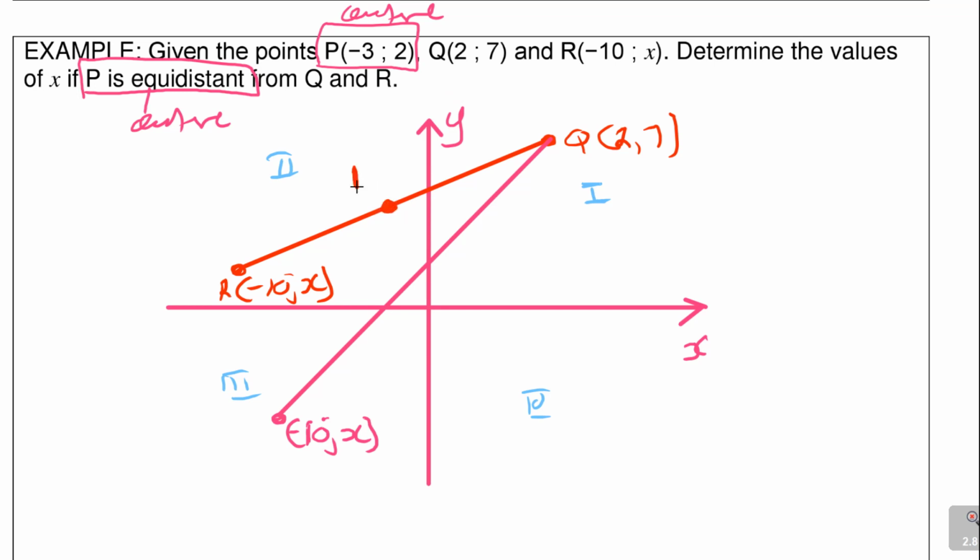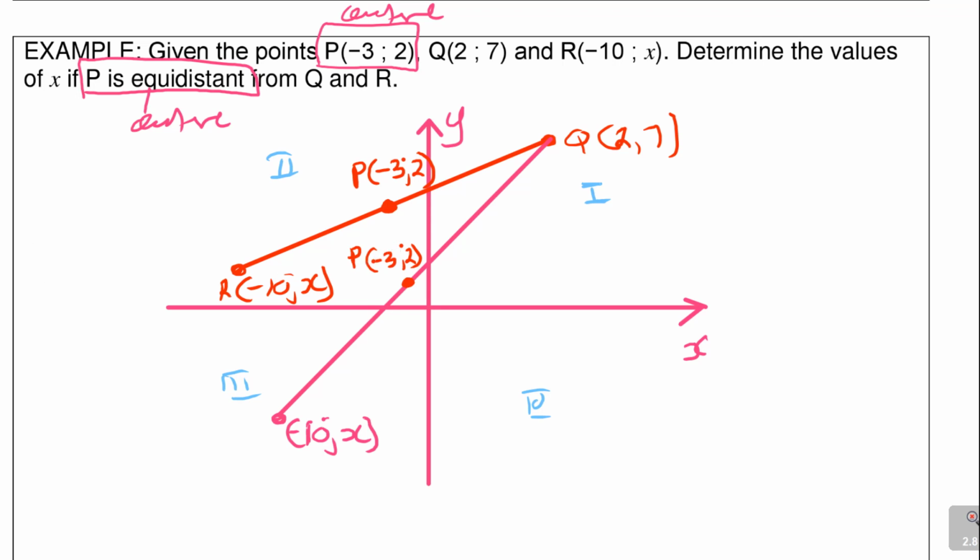I can have my P here, or I can make P be here. It's still the same. Remember, it's not drawn to scale. (-3, 2), that's my P. But don't forget, P is the center, the midpoint.